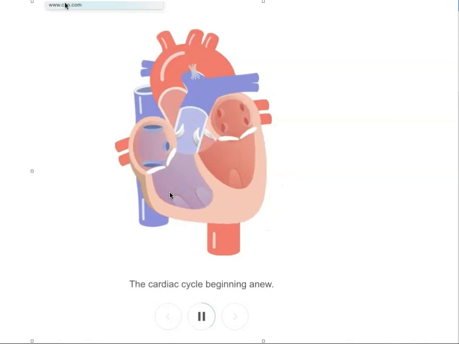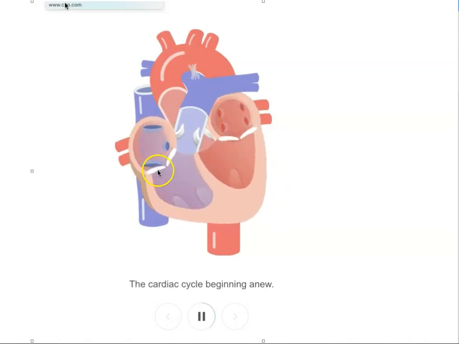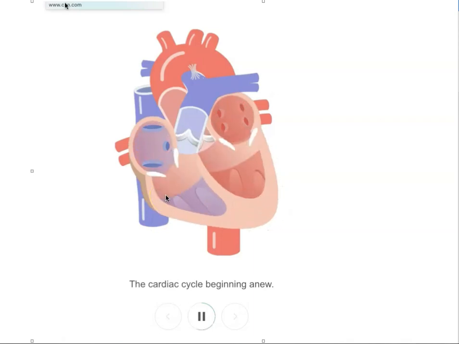Lub dub, lub dub, lub dub. Back to slow.